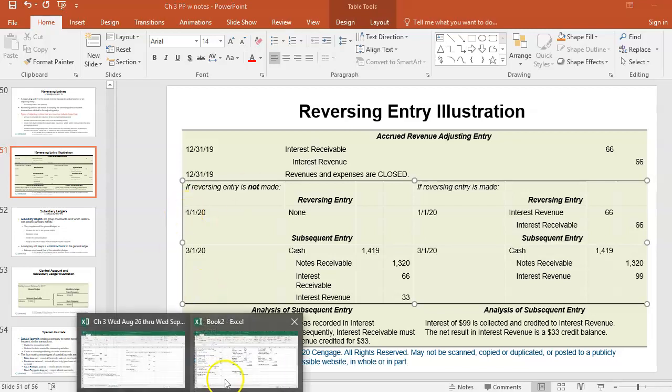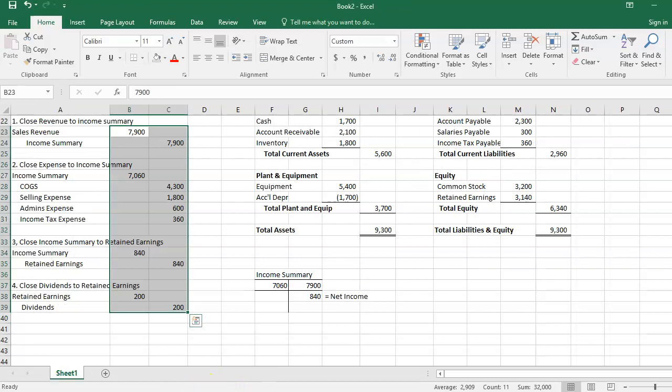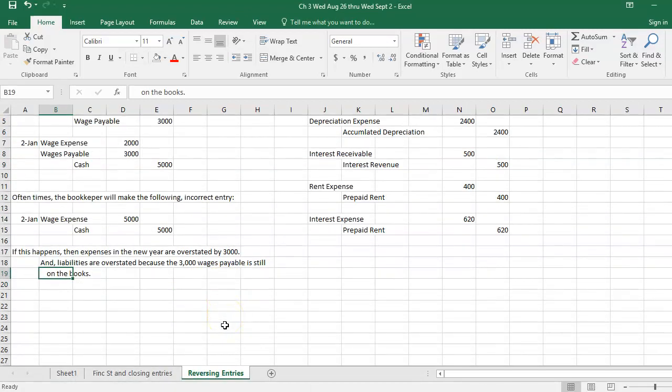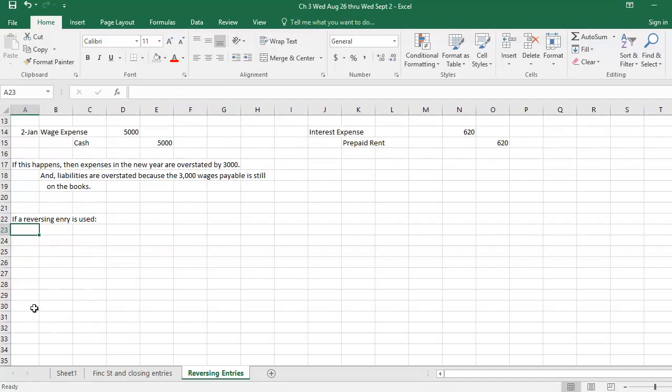Okay, so when you come back over here, if I use a reversing entry, you would have a couple of things. On December 31st, you would accrue the wages and wage payable for the 3.